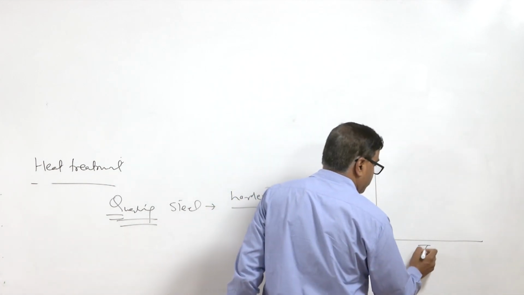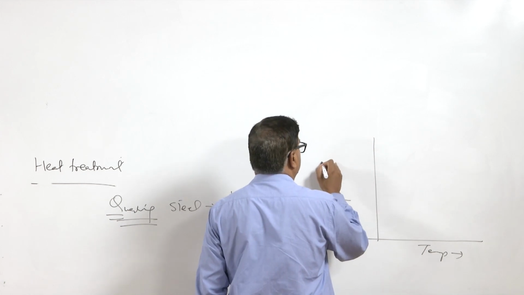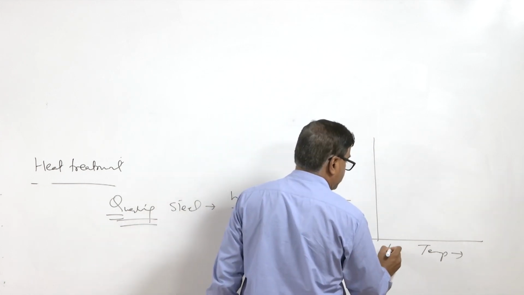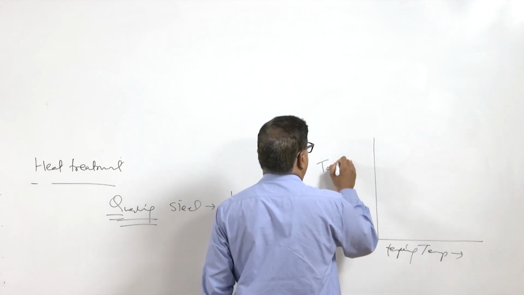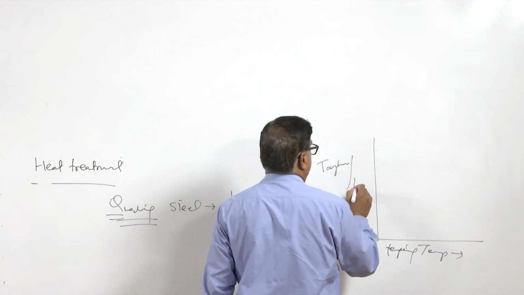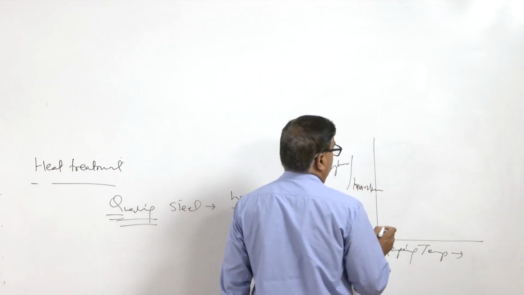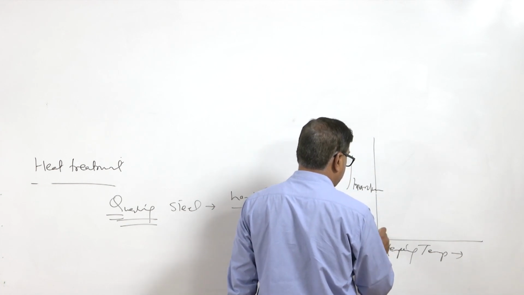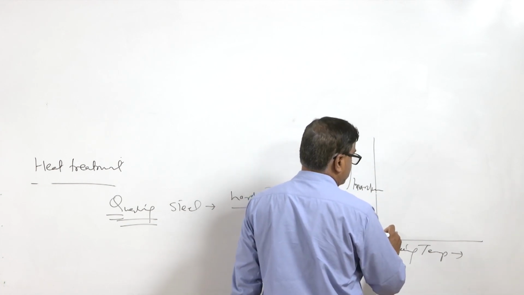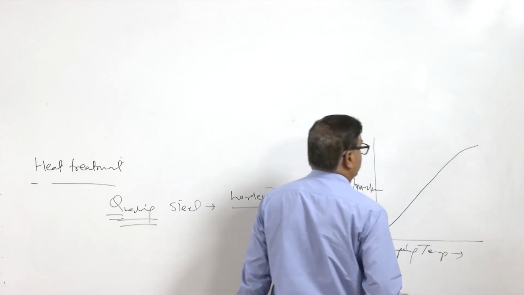So, if we see the typical plot, this is tempering temperature versus the toughness and hardness. The toughness, which is low in the quenched state, keeps on increasing with the increase of tempering temperature.